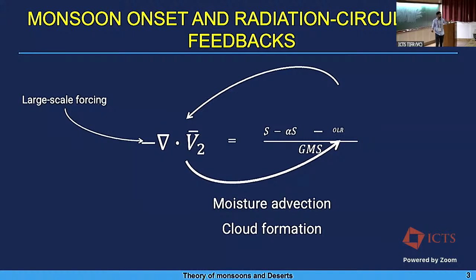Now it has been shown already that during onset, GMS has a very important role to play, and quite rightly so. The moment GMS changes, you have clouds forming, and that will further influence albedo and OLR.